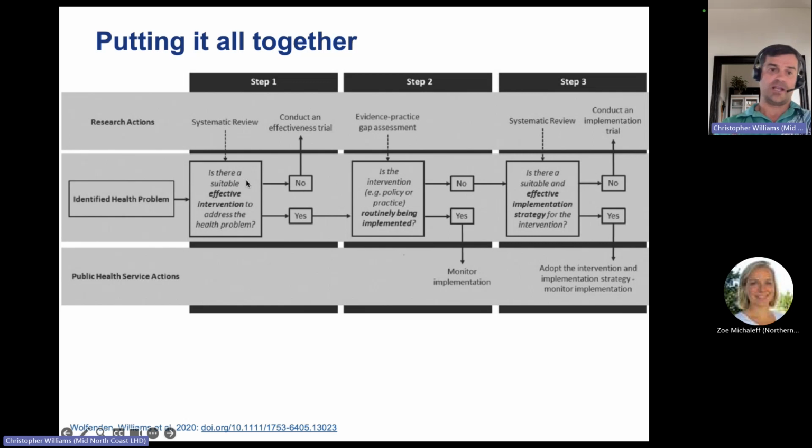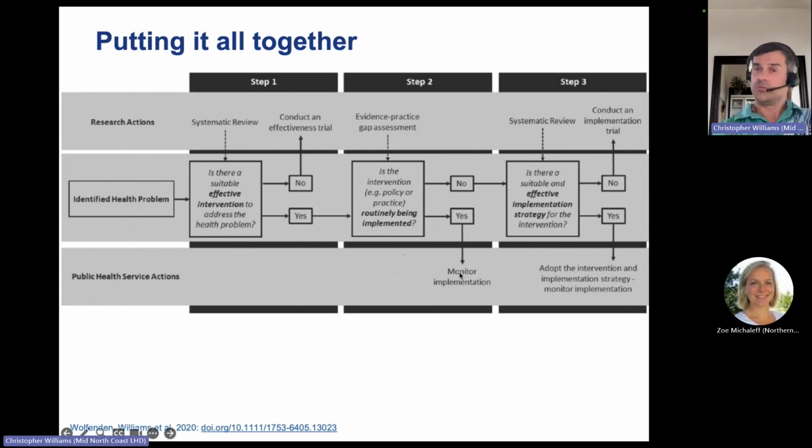So on the right here, we have the need to identify a health problem. We've talked a lot about that today. And then moving into identifying solutions for this problem, we might look to systematic reviews. If systematic reviews or evidence is available, we might look to assessing whether that's being implemented or not.